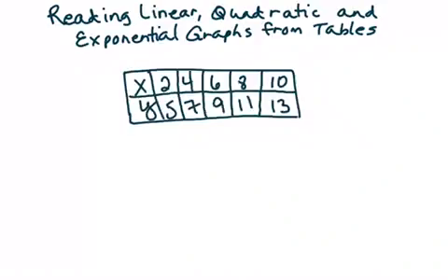All right, so here we have a table, and we're trying to figure out if this is linear, quadratic, or exponential. On the x we have 2, 4, 6, 8, 10. So the numbers are going up by 2 all the way. It's the same on every single one of them. The y numbers are also going up by 2.